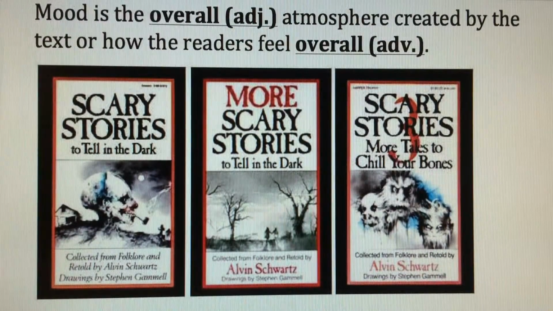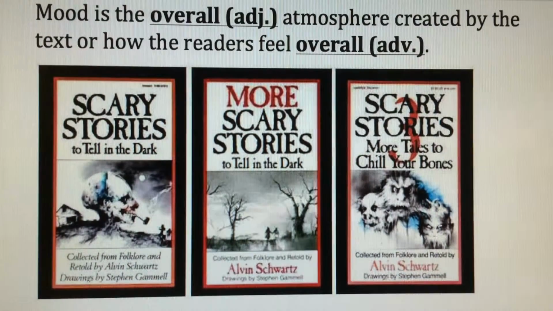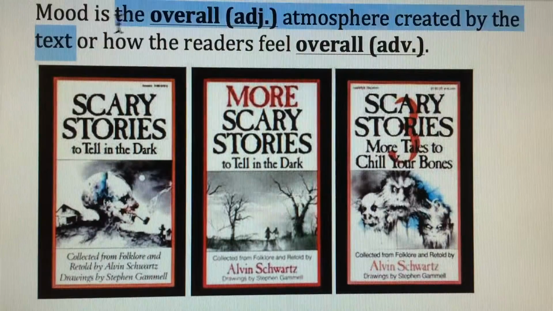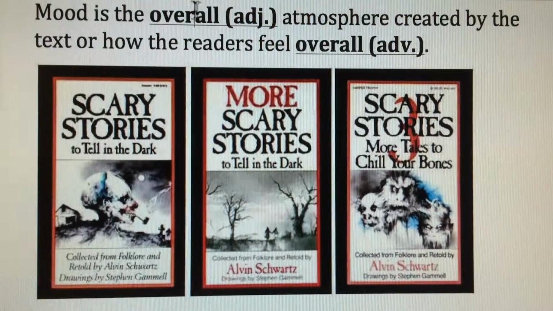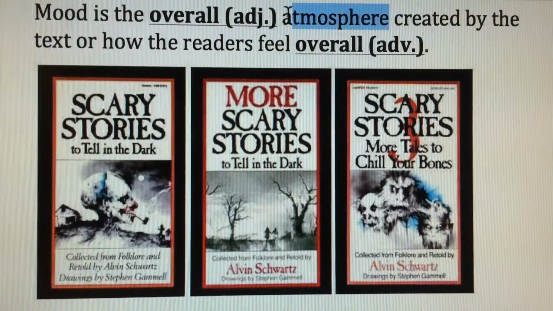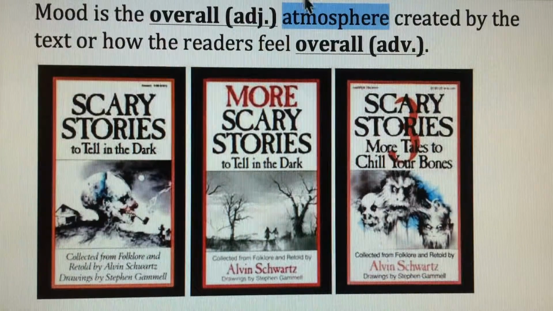In your sentence example, we talk about mood being the overall atmosphere created by the text. Okay, that's one definition or way you can describe it. Here overall is being used to describe atmosphere. Okay, the overall atmosphere in general. And atmosphere is a noun, so here overall is being used as an adjective to describe the noun atmosphere.